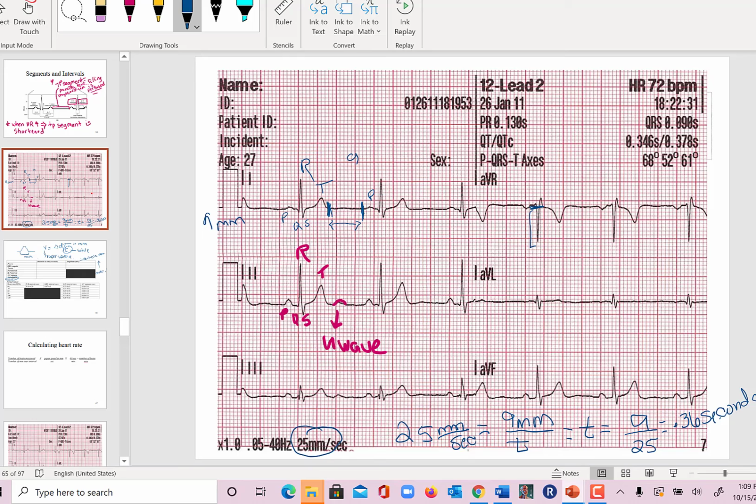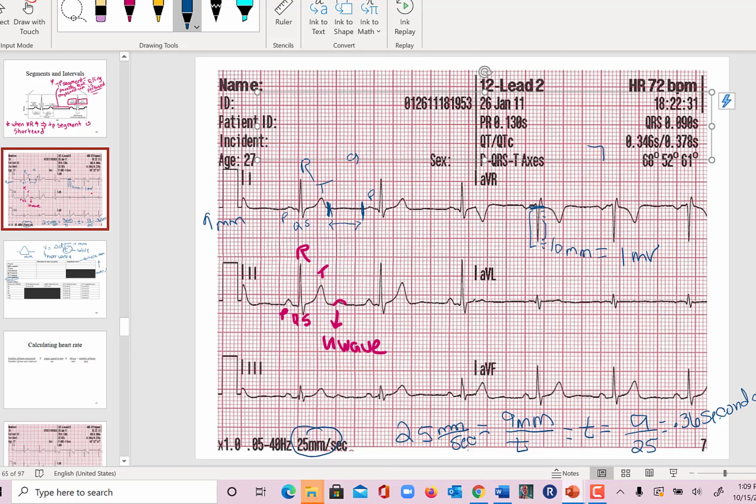It's a negative deflection. So for each millimeter, here's 5, 6, 7, 8, 9, 10. I have 10 millimeters for a negative deflection, and 10 times 0.1 is going to tell me how many millivolts. So it's going to be 1 millivolt.